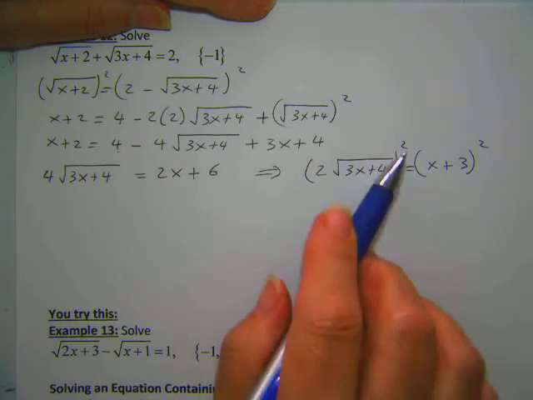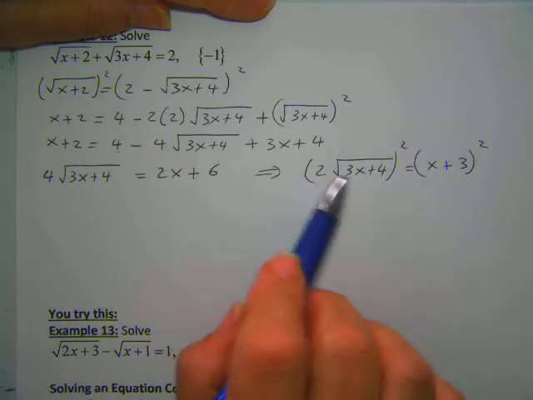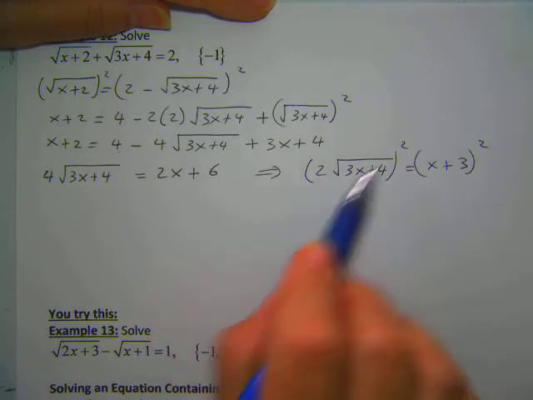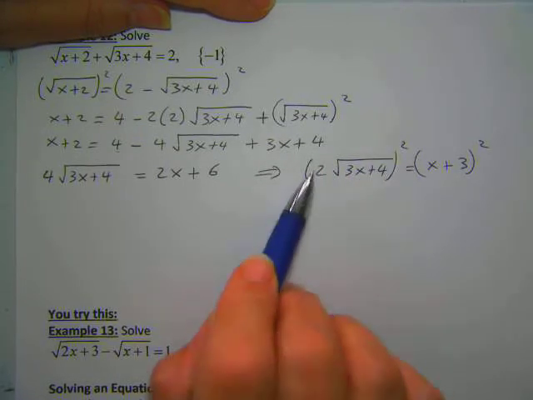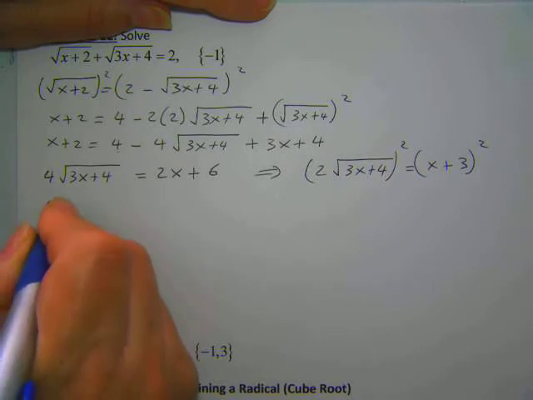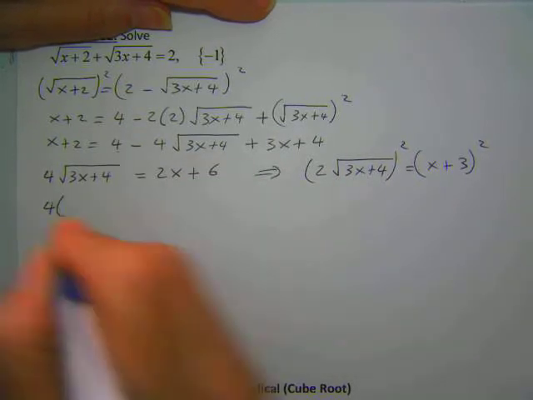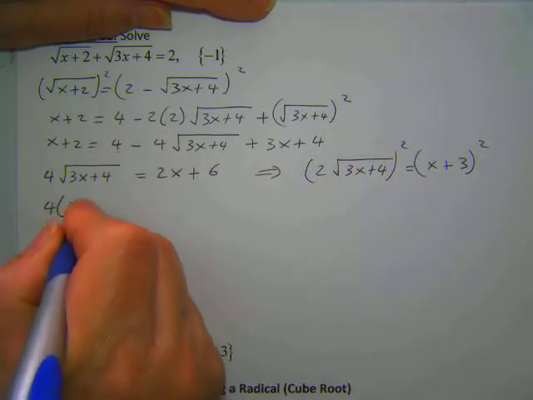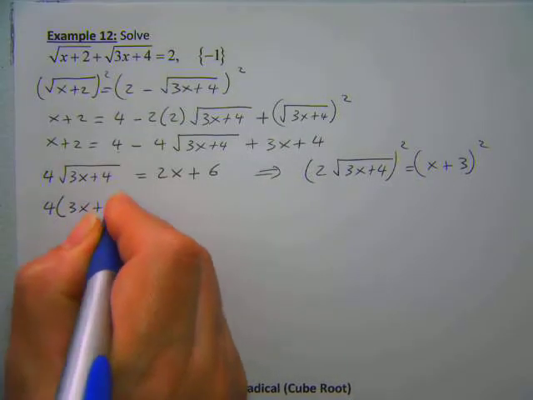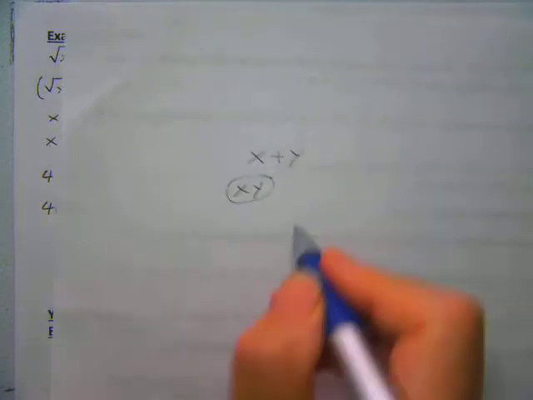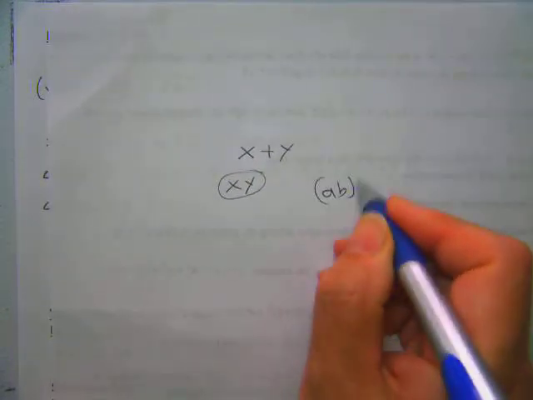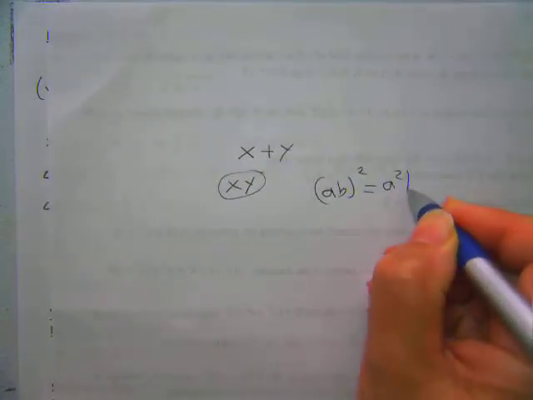Now the only thing you need to remember is that when you square a product, so a times b, the whole thing squared, is a squared times b squared. So here we're going to have 4 times, when you square the square root, you're going to have 3x plus 4. Again, this comes from the fact that a times b squared is equal to a squared times b squared.